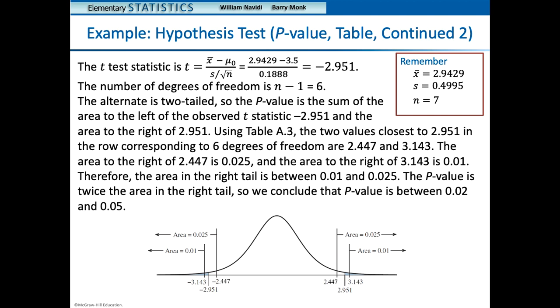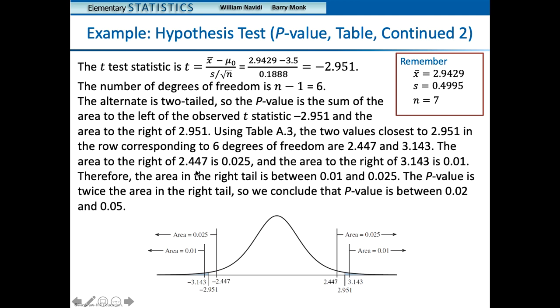Okay? If we use the table, we would find the row corresponding to 6 degrees of freedom, and then we would find the 2 numbers in that row that bracket 2.951. The two values closest to 2.951 are 2.447 and 3.143. Then you would go to the top of the chart and look up the area in the right tail corresponding to both of these numbers.